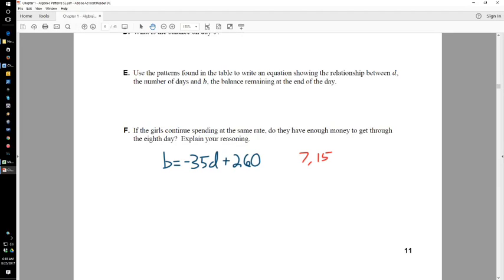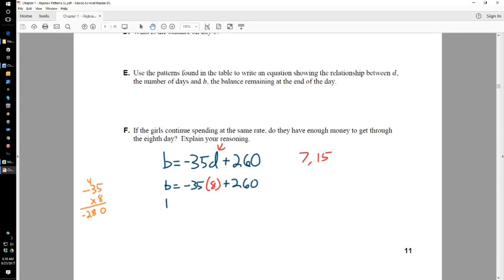Or you can just plug in 8 for D. So the balance equals negative 35 times 8, that's how many days you're looking for, plus 260. I did a little math on the side, and negative 35 times 8 is negative 280.